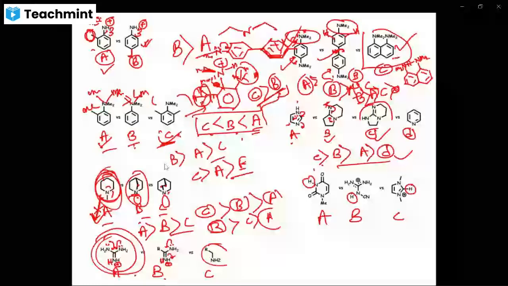Yes, tell. B is most acidic. Then okay, C is least. You are saying so. So you are telling that B, then A, then C. Why? Yeah, same is for C also. C is also carrying a positive charge.